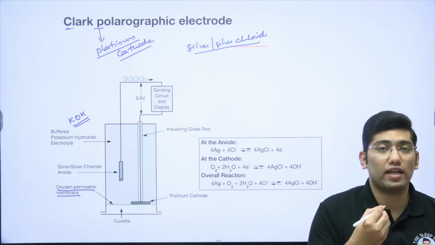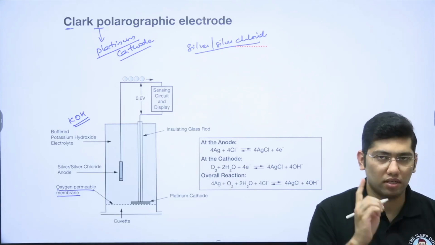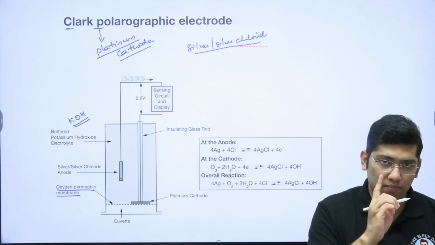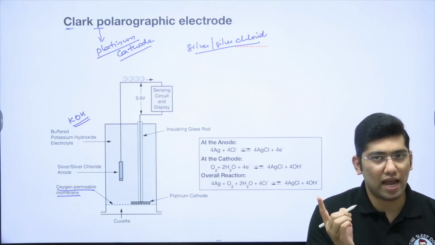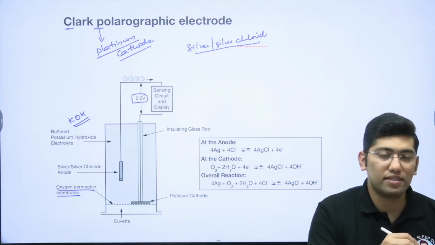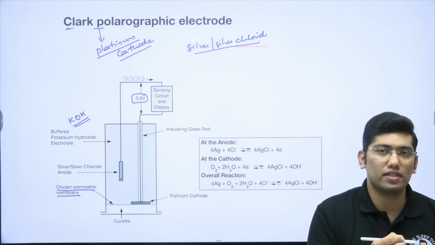We have to find out the oxygen content, right? So this membrane should be permeable to oxygen. One more thing, a very important differentiation between polarographic Clark's electrode and galvanic fuel cell is this voltage. A 0.6 volt has to be constantly applied for the functioning of this electrode.